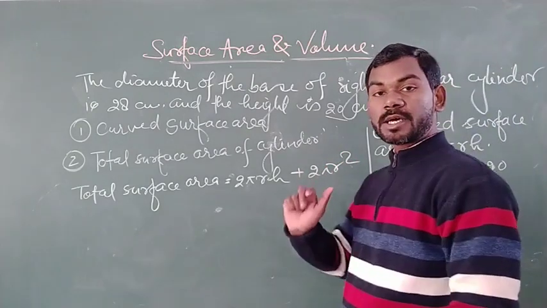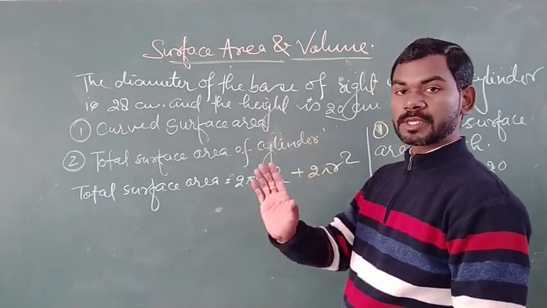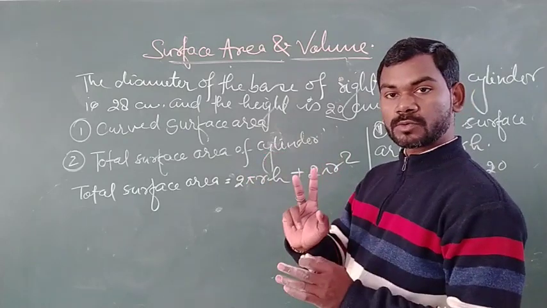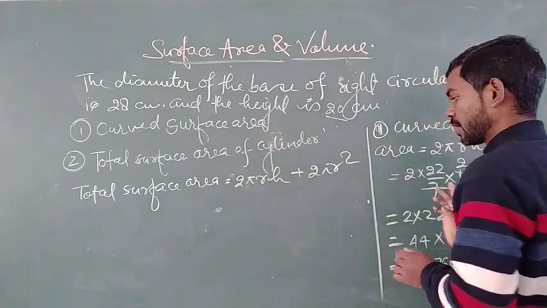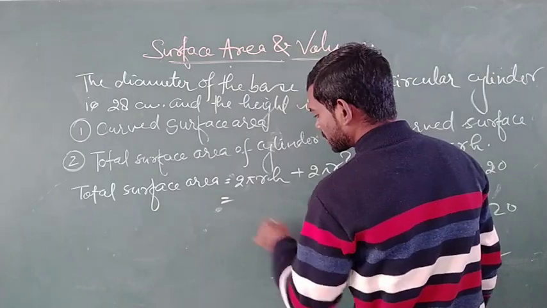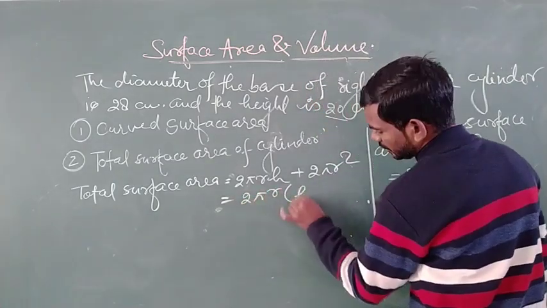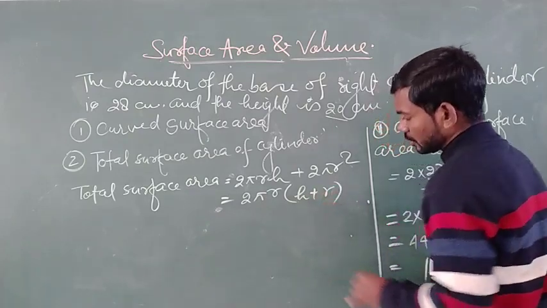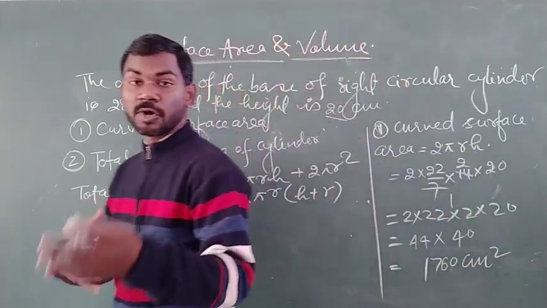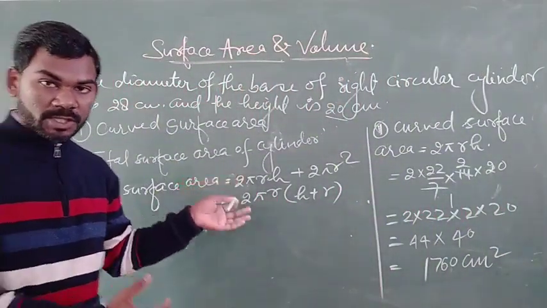This is the area of the circular bases of the cylinder. Since there are two circular bases, therefore it will be 2 pi r square. In generalized form, it can be written as 2 pi r as common, and here we get h plus r. So this is the generalized form of the total surface area of the cylinder.